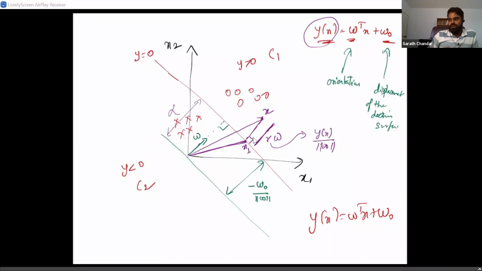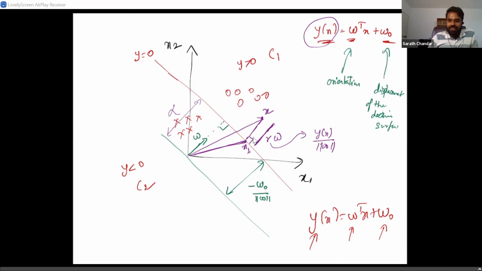We had 3 observations: what is the role of w, what is the role of w0, and what does the value of y mean? W decides the orientation of the decision surface; we found that w is perpendicular to the decision surface. And w0 decides how far the decision surface is from the origin, so in some sense it decides the displacement of the decision surface.